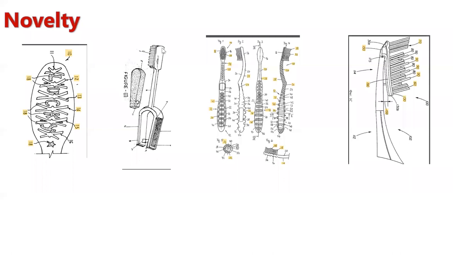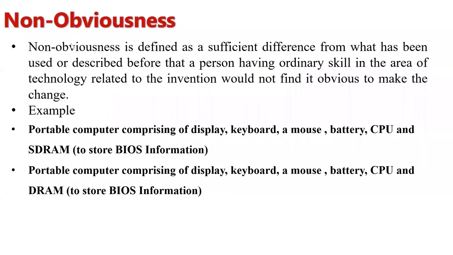Non-obviousness. The product should be non-obvious, which means that whatever the product, a person of ordinary skill in the area of technology related to the invention would not find the change obvious. Suppose I say that I designed one portable computer.